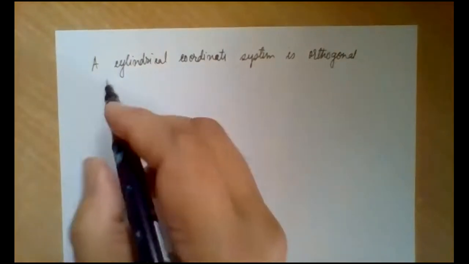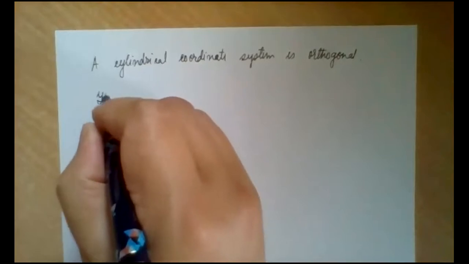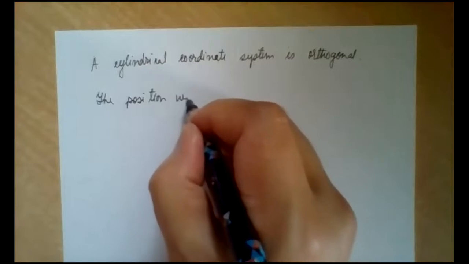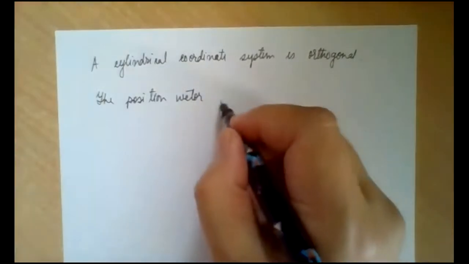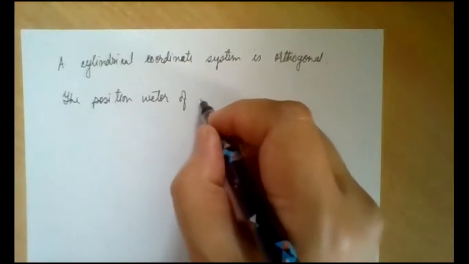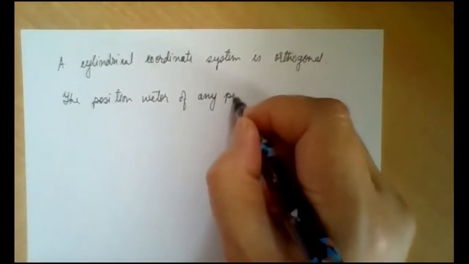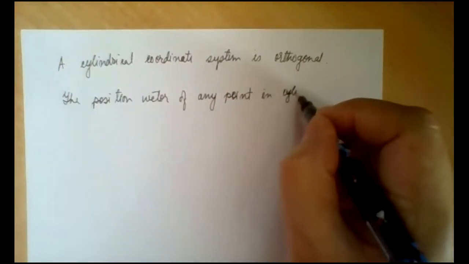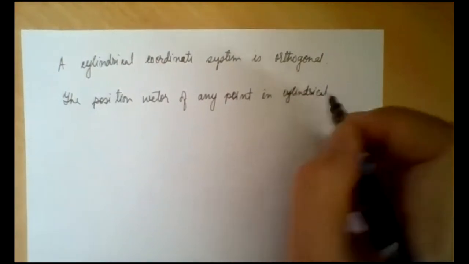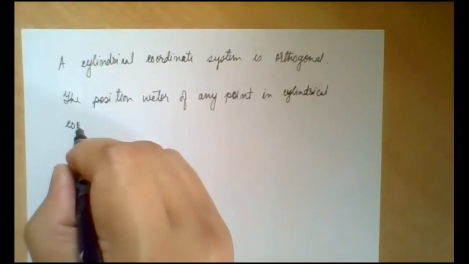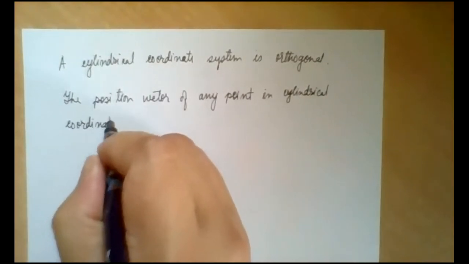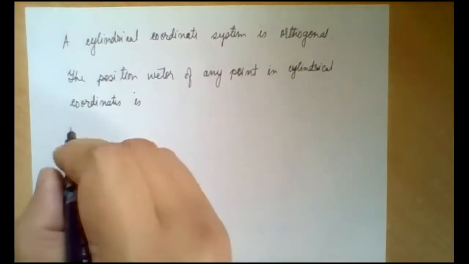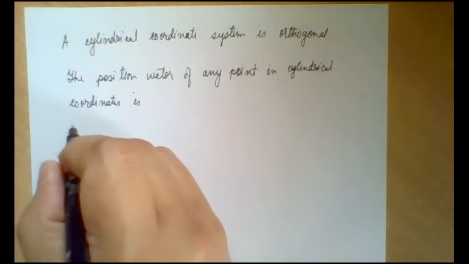So to prove that, first let us consider that the position vector of any point in cylindrical coordinates is r vector.